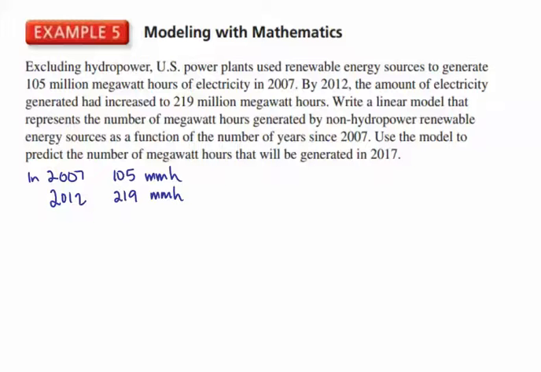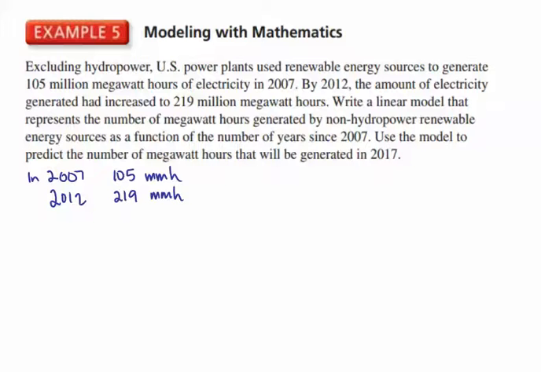So we want to write a linear model that represents the number of megawatt hours generated by non-hydropower renewable energy sources as a function of the number of years since 2007. And then we want to use the model to predict the number of megawatt hours that will be generated in 2017.